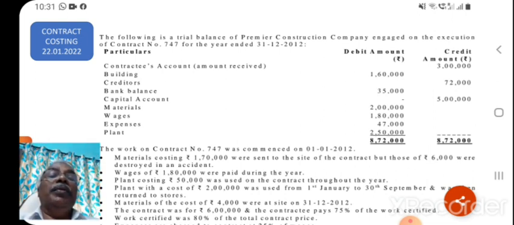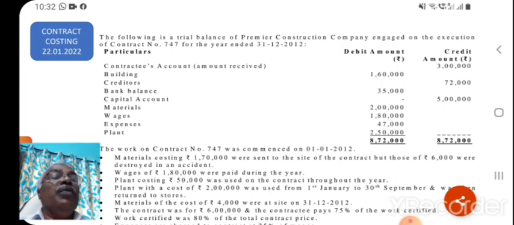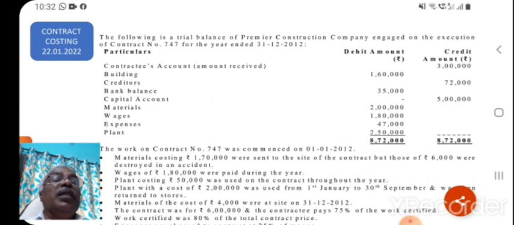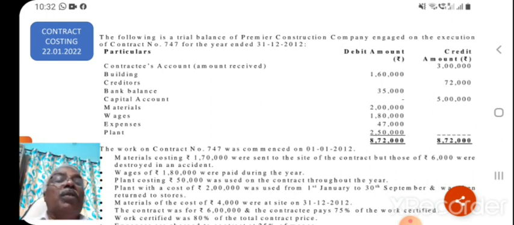Plant 2 with a cost of 2 lakh was used, because we have a plant of 2 lakh 50,000. So 50,000 earlier we used and now it is 2 lakh. The second was used only for 9 months, 1st January to 30th September. Materials of the cost rupees 4,000 were at site. So materials at site is 4,000.